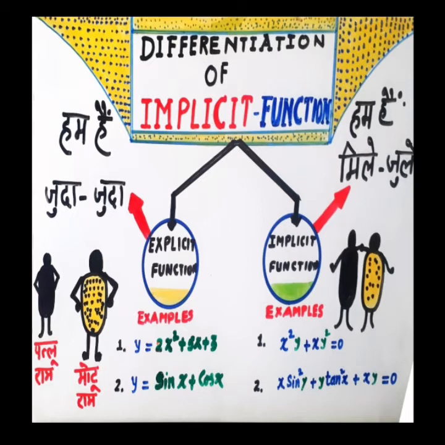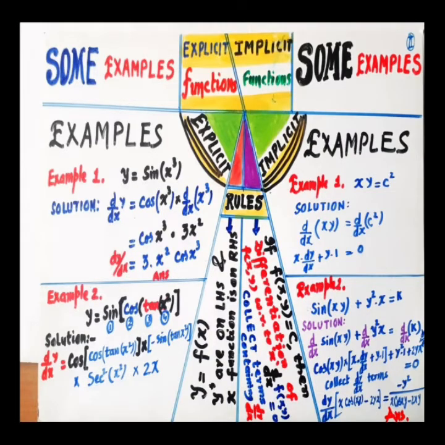So how to solve these questions of differentiation? I'll be teaching you that on my next note with the help of examples. Look here, examples are here. First example is y is equal to sine x cube.